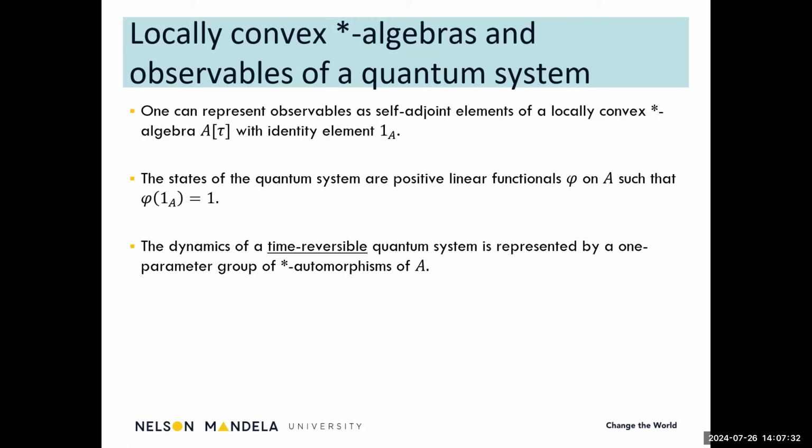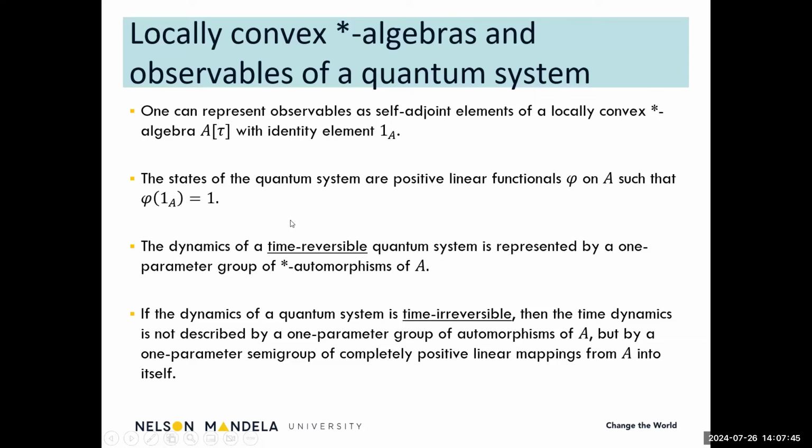The dynamics of the time reversible system is represented by a one-parameter group of star automorphisms of A. And if the dynamics of the system is time irreversible, then the dynamics is not described by a one-parameter group of automorphisms, but by a one-parameter semigroup of completely positive linear mappings from the locally convex star algebra A to itself. I will also introduce those concepts as time goes.